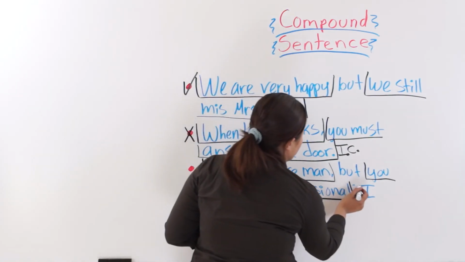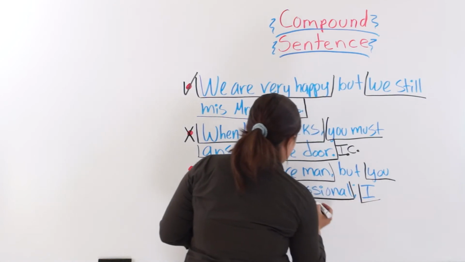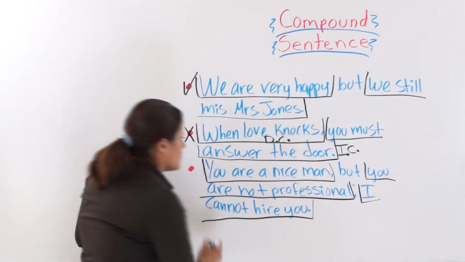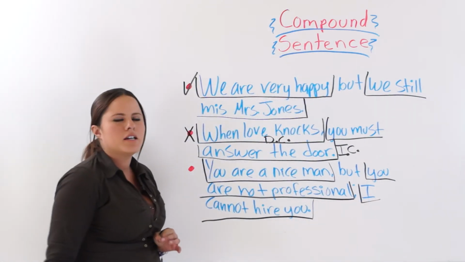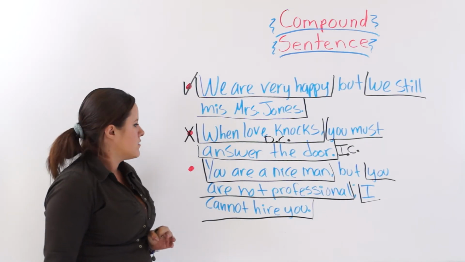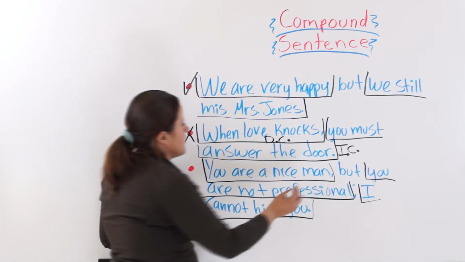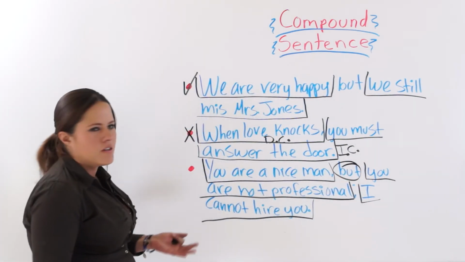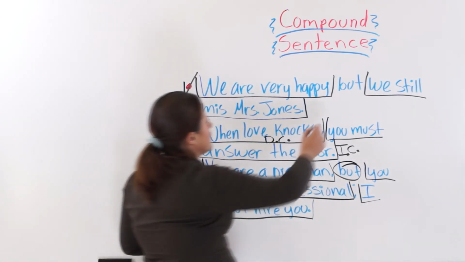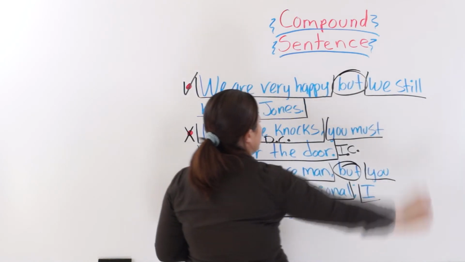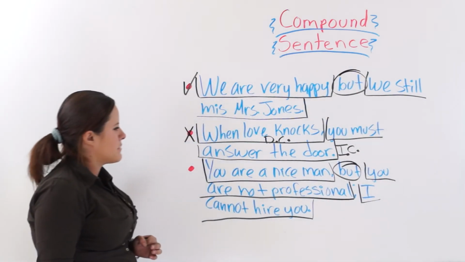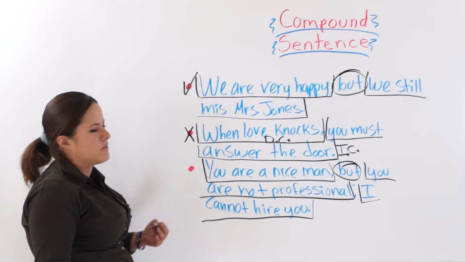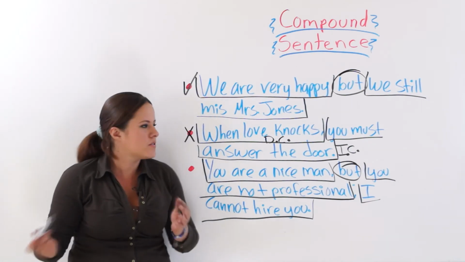And the third one says, I cannot hire you. So we have a third independent clause. And obviously we know that this is a conjunction that joins the ideas or the clauses together. You could say, and you're a very nice man, and you are not professional. But that's not what we want to say.